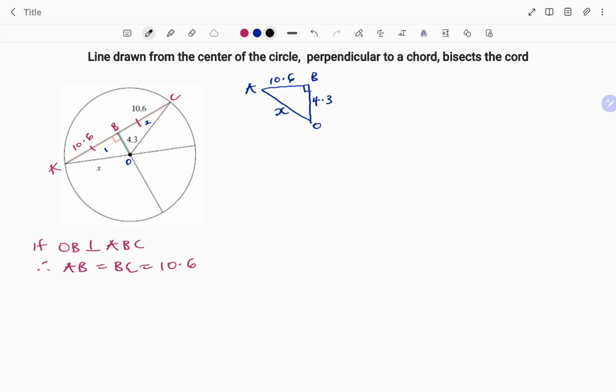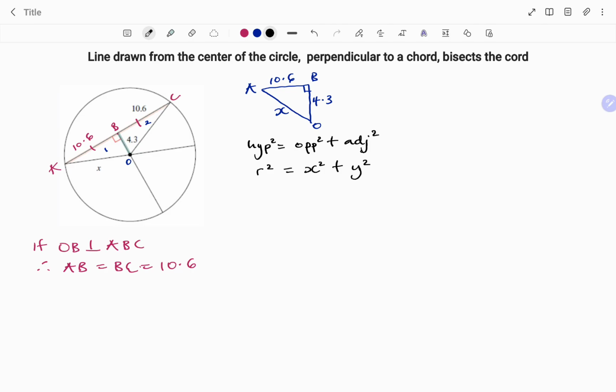The Pythagoras theorem states that the hypotenuse squared is equal to the opposite squared plus the adjacent squared, or r squared equals x squared plus y squared.